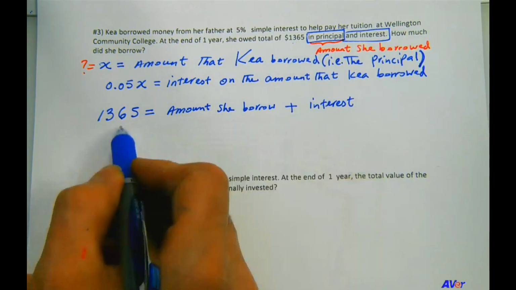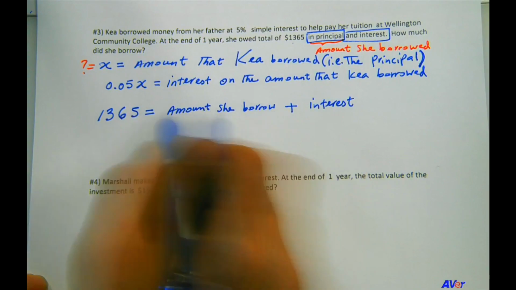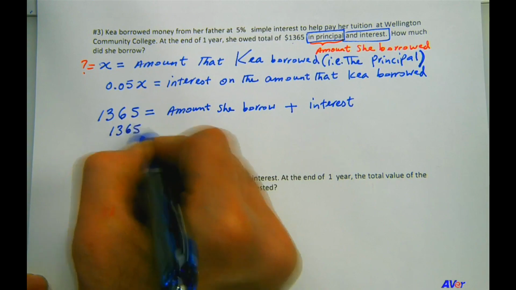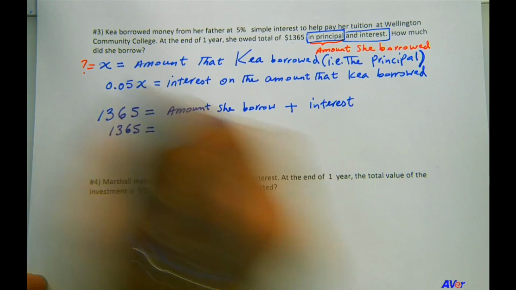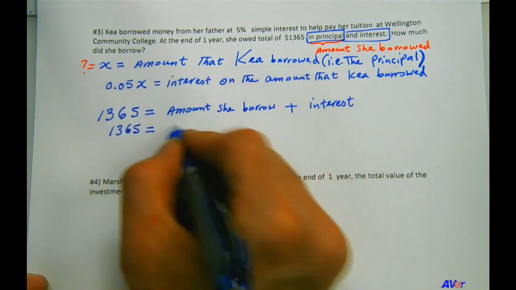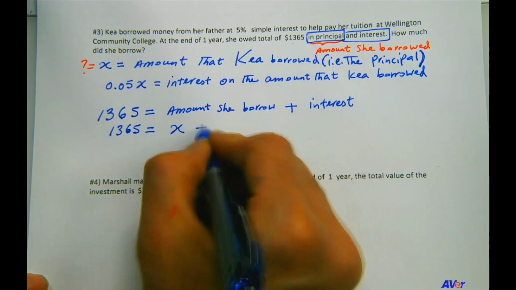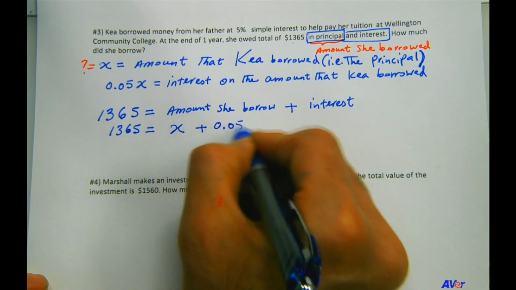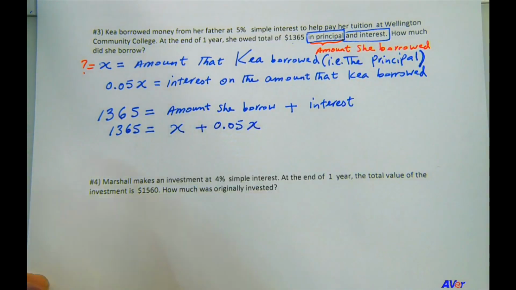That is that. So let's substitute with the variables that we have. 1,365 equals the amount she borrowed, which we took as variable X, plus interest, which is 0.05x. So now we have our equation.